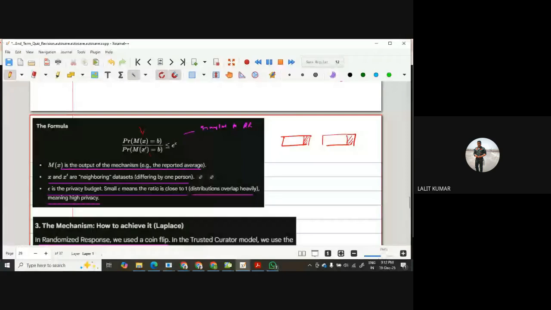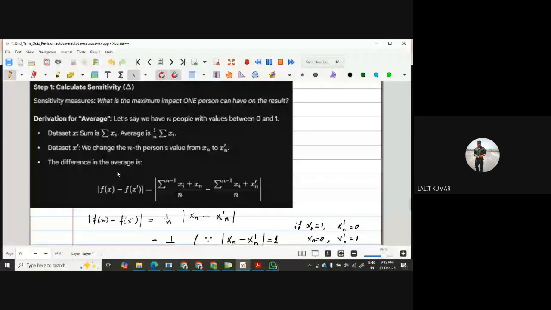This is similar to the random response. M(x) is the output of that mechanism, for example, reporting the average. X and X prime are neighboring data sets differing by only one entry. That's why it is known as differential privacy. Epsilon is the privacy budget.